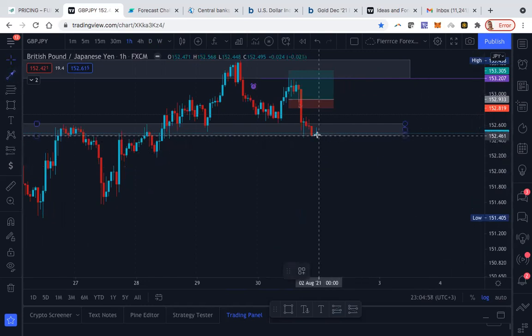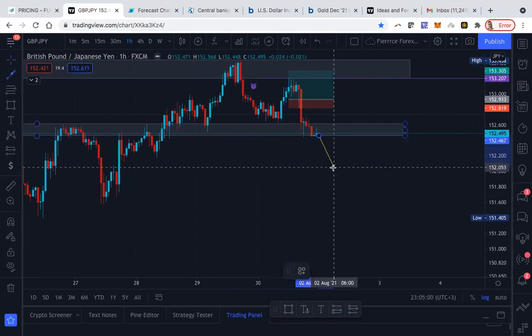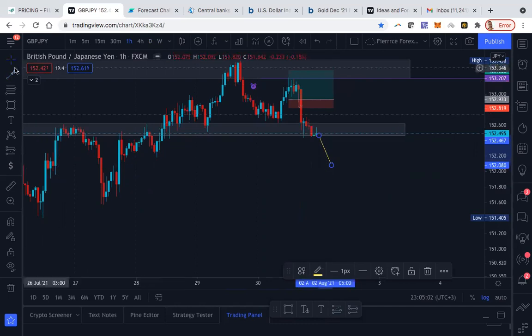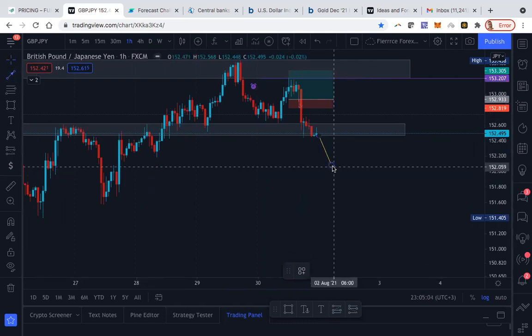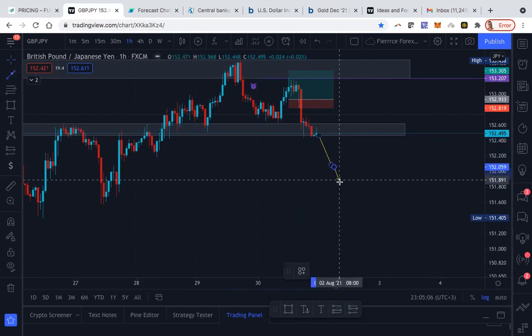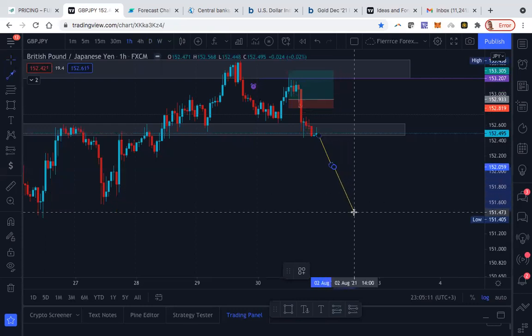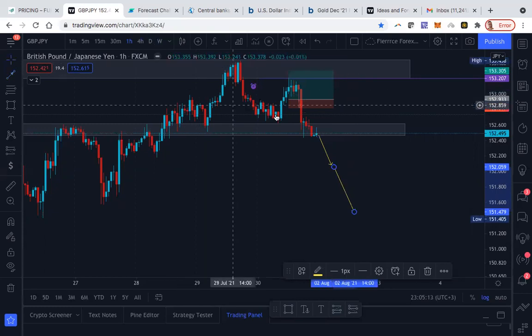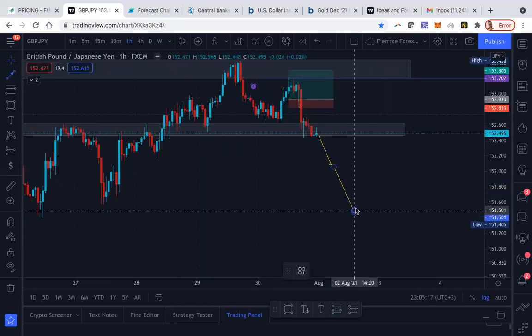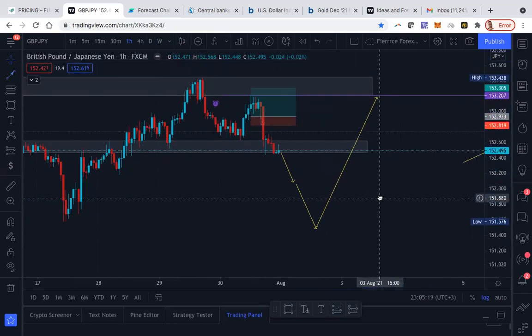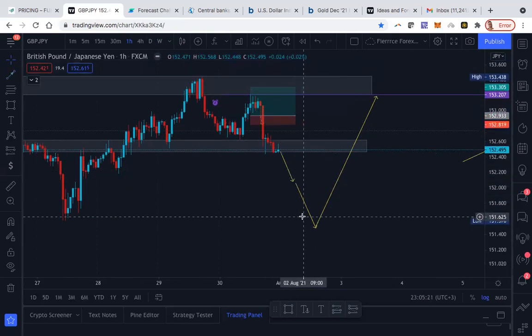So, looking at the lower time frame, maybe even shift lower. This really bearish candle here is awesome. So that's what I'm looking at.